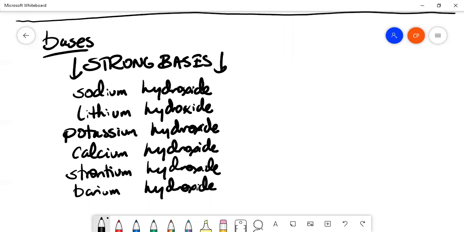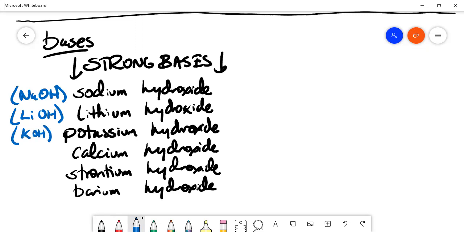Now, what does it look like the bases have in common? I can even write down their formula if you'd like for me to. Sodium hydroxide is NaOH. Lithium hydroxide is LiOH. Potassium hydroxide is KOH. Calcium hydroxide is Ca(OH)2.